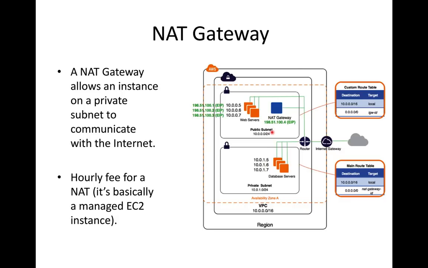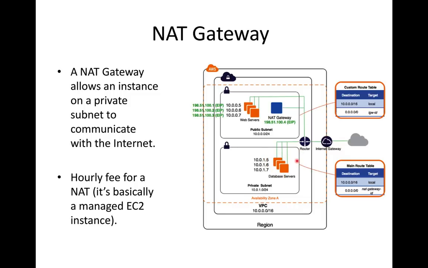What a NAT gateway does is take traffic from a private EC2 instance and essentially translate that traffic, or really proxy that traffic, and send it out to the internet. The NAT gateway then receives a response from the internet device and translates or proxies that traffic back to these private servers.